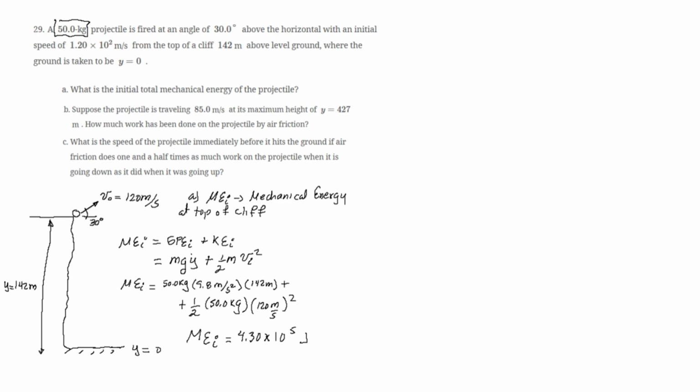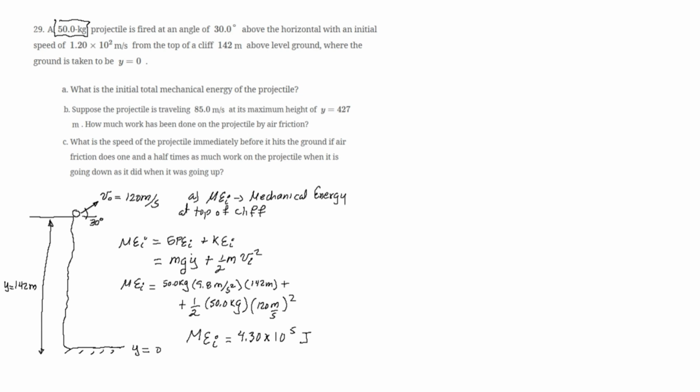This mechanical energy initial is given by the gravitational potential energy due to the position at the top of the cliff above the ground, plus the kinetic energy due to the initial speed at which the projectile is fired.